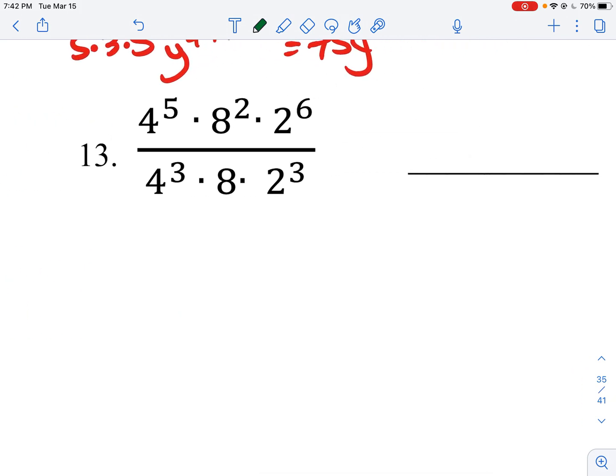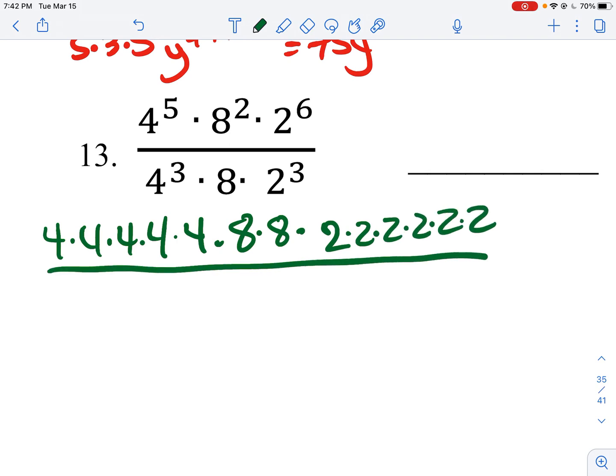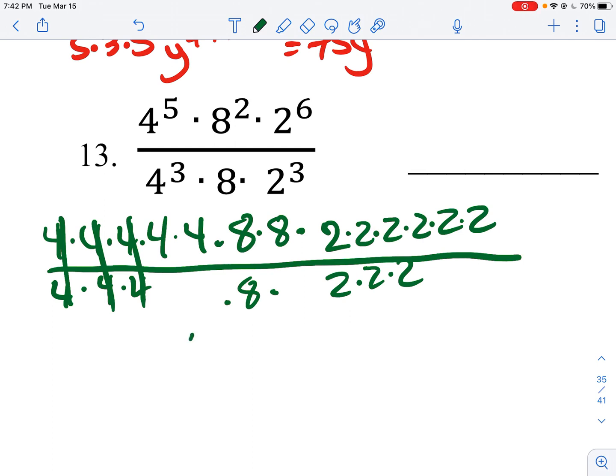This next one, cancel, cancel, cancel. I have 4 squared.